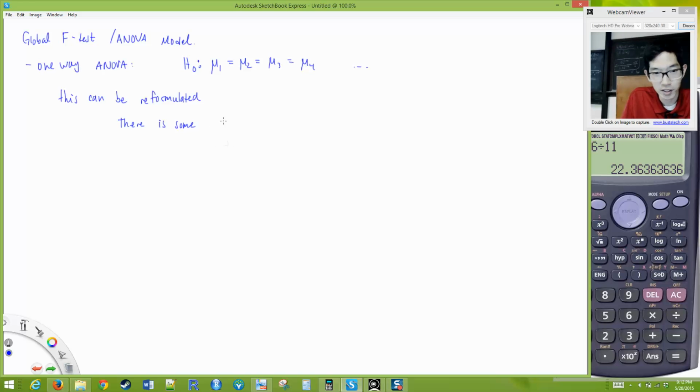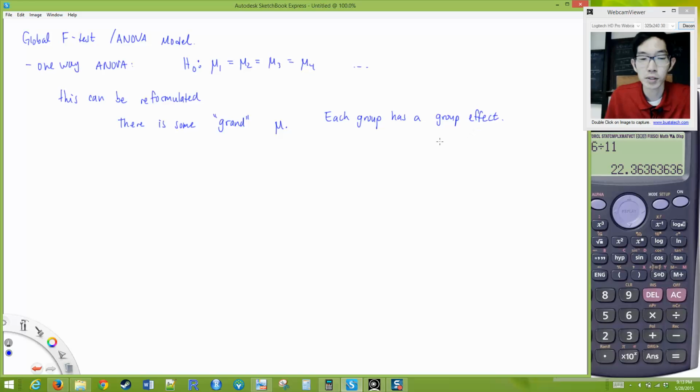There's some grand mean mu, and each group has a group effect tau. Okay?